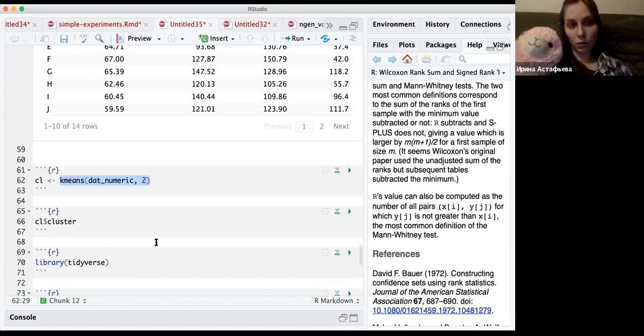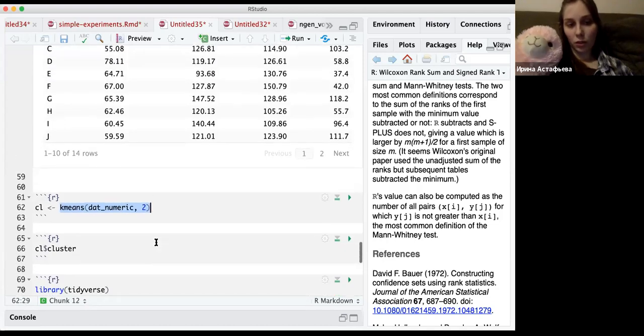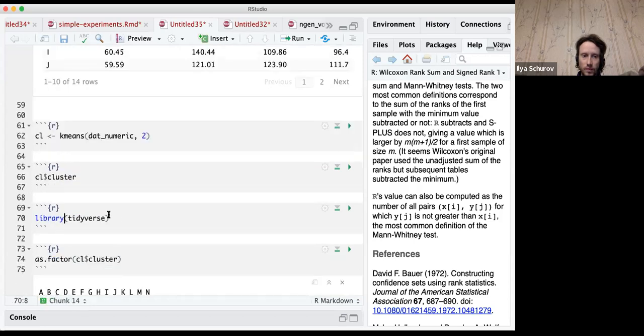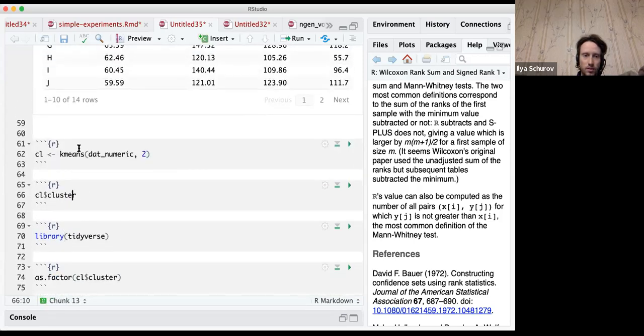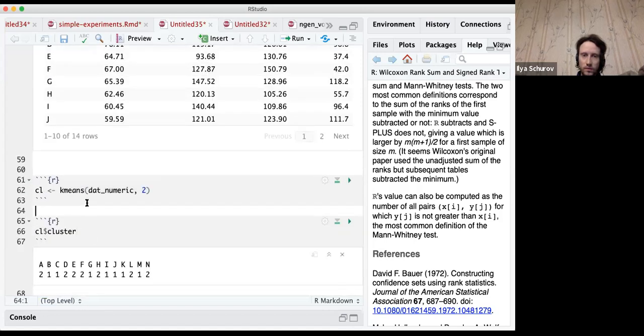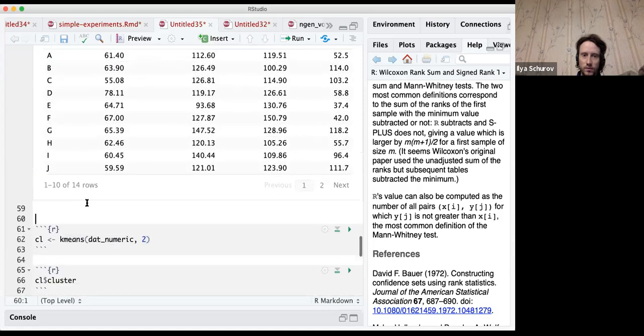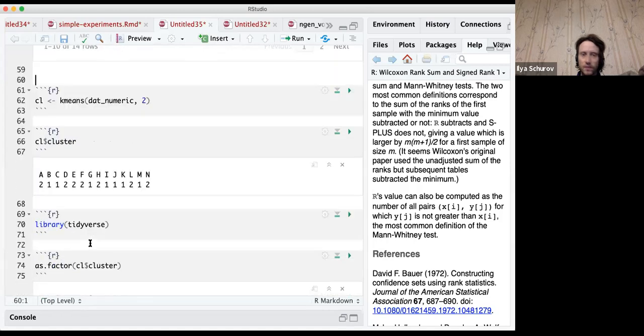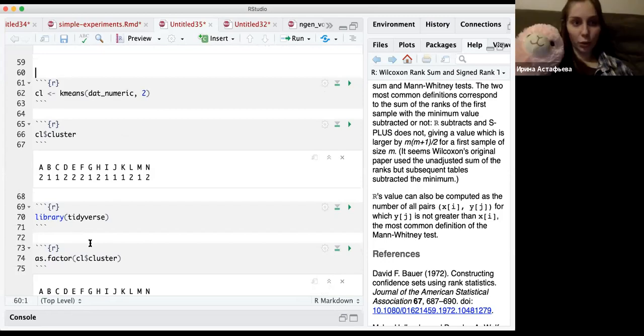Maybe we had some library. I only use this tidyverse, but it should work now. Can you send me a screenshot? I will try one more time and will send it to you.